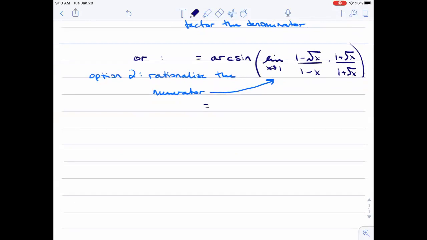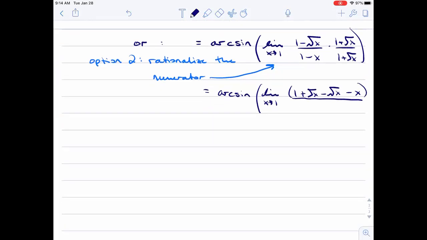rationalizing the numerator, take the arc sine of the limit as x approaches 1 of 1 times 1 plus root x, minus root x, minus x, over, make sure you treat these as their own things, 1 times 1 plus root x, minus x, and then minus x root x.